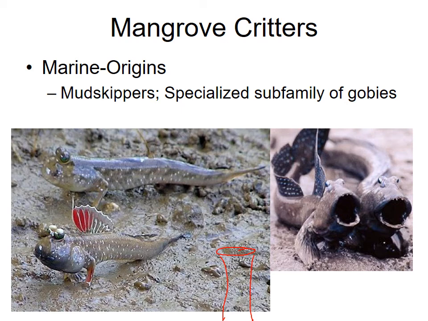So they are able to take shelter from extreme drying out. But the mudskippers, as they occupy the muddy floor of the mangrove swamps, have a lot of fights over territory, especially because the male mudskippers will sort of maintain a territory and defend the right to mate with the females in that territory.